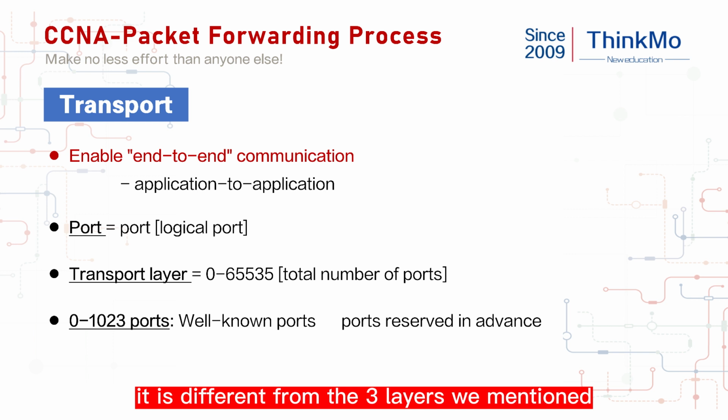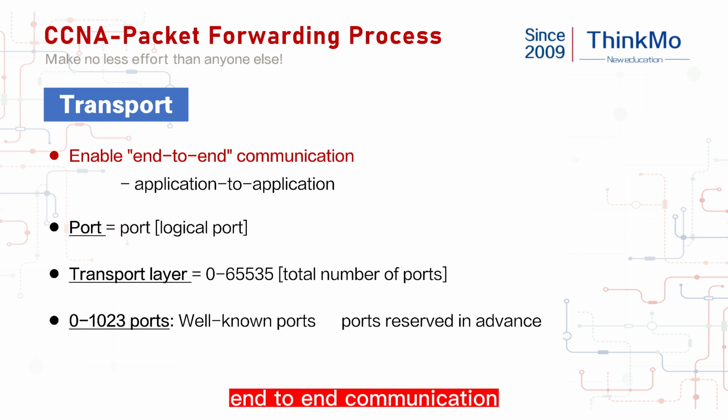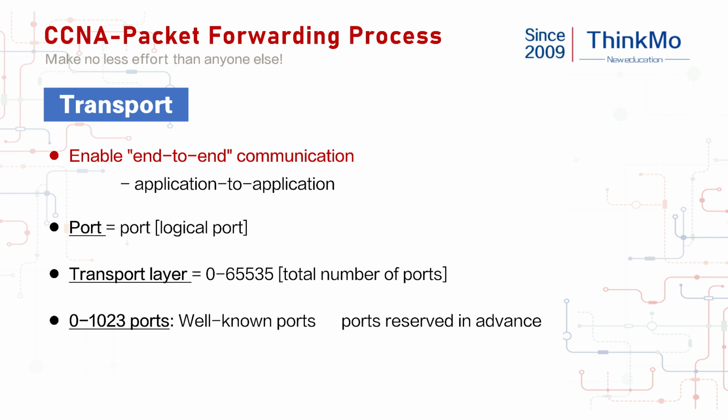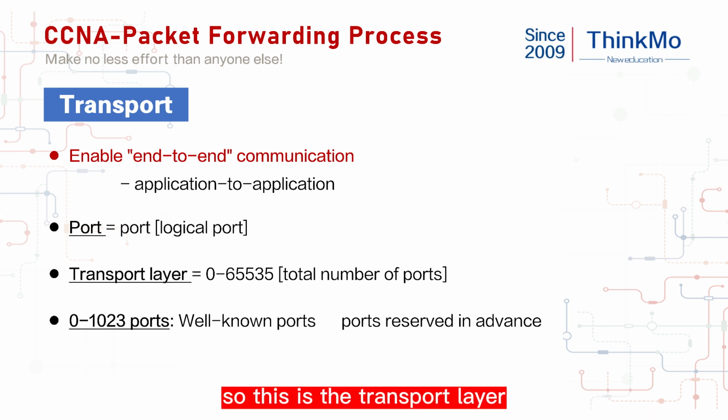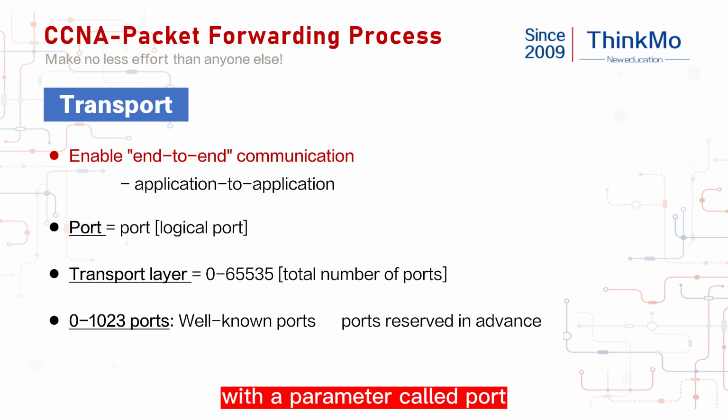It is different from the 3 layers we mentioned. IP addresses only enable host-to-host communication. End-to-end communication is, in fact, application-to-application communication. So this is the transport layer. So how does the transport layer implement it? With a parameter called port.